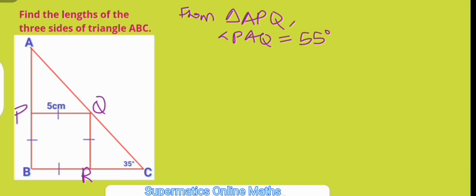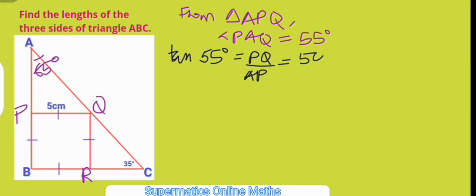Now, from that triangle APQ, and by trigonometry, the tangent of the angle A or PAQ, tan 55 degrees, will be equal to the opposite side, which is side PQ, over the side AP. The side PQ is 5 centimeters over AP.